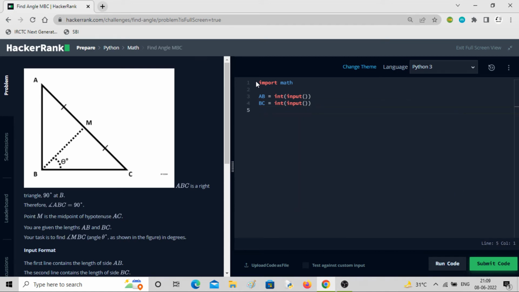Now what we can do, we can calculate the hypotenuse by the right angle triangle. So AB square plus BC square is equal to AC square, right? So let me write that expression.